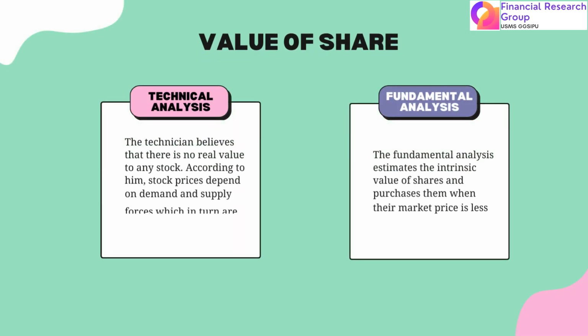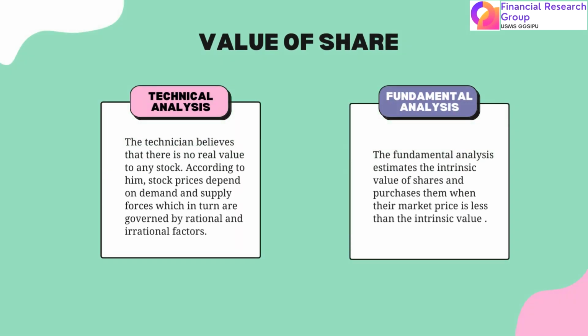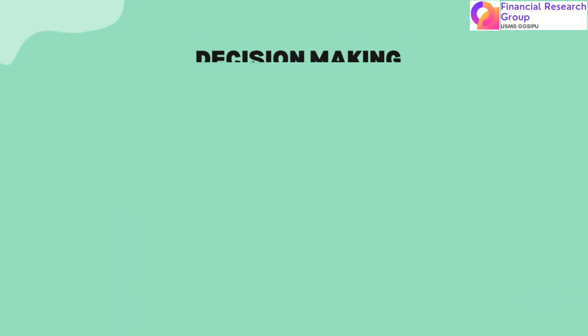Values of share. The technician believes that there is no real value to any stock. According to him, stock prices depend on demand and supply forces which in turn are governed by rational and irrational factors. Whereas fundamental analysis estimates the intrinsic value of shares and purchases them when their market price is less than the intrinsic value. Decision making.